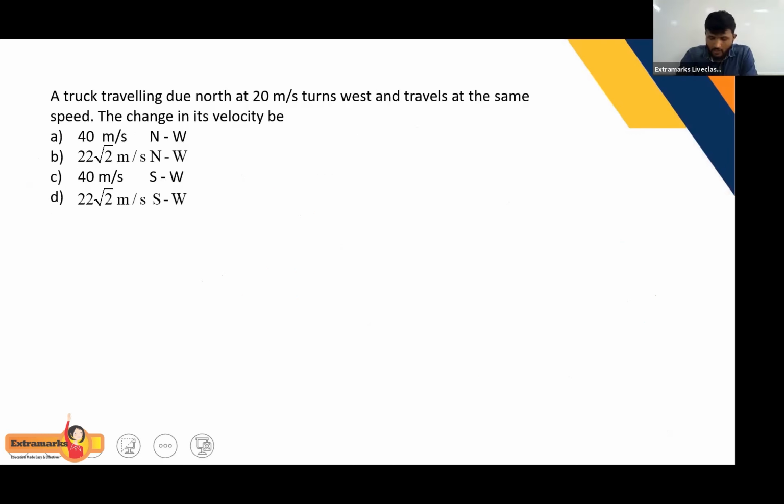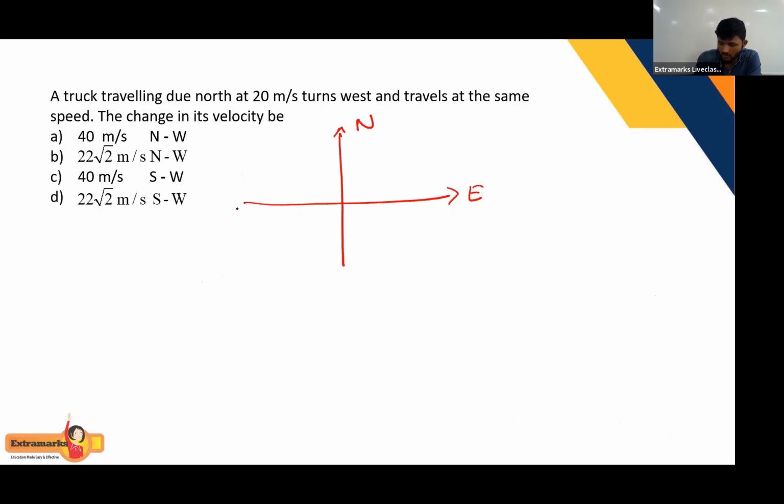Now a truck traveling due north at 20 meters per second turns west and travels with the same speed. Now let's say this is north direction, this is east, this is south, this is west. I am assuming this to be x direction, that is i cap, and this to be y direction, that is j cap.